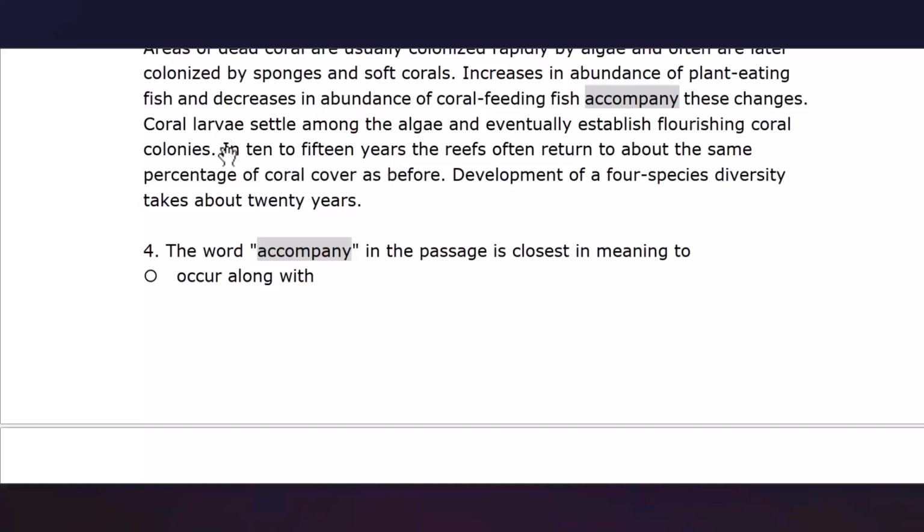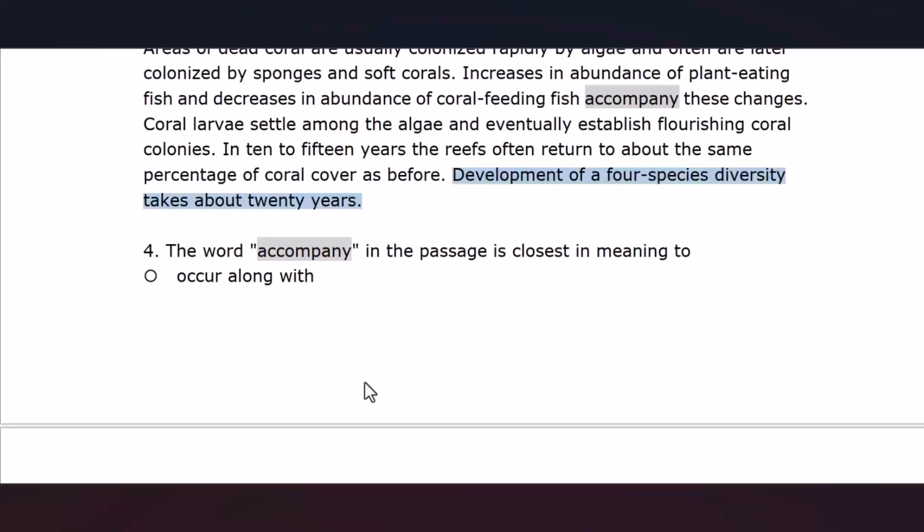A grammatical point related to punctuation is that in 10 to 15 years is an adverbial phrase. So we need to place a comma immediately after it ends, immediately after years. However, this was an oversight of the author of this passage.